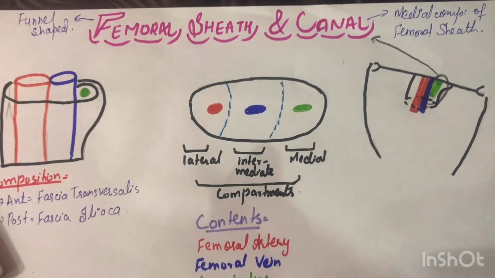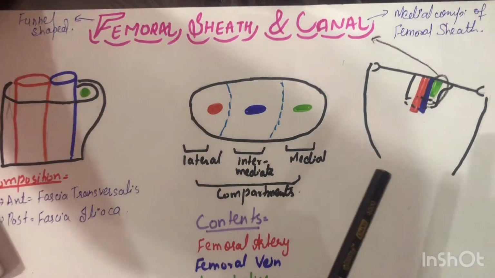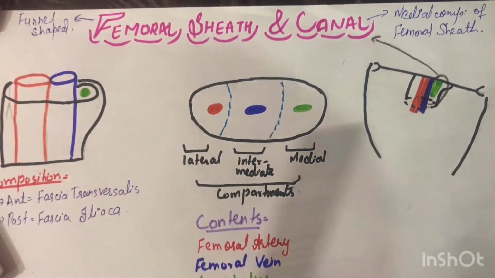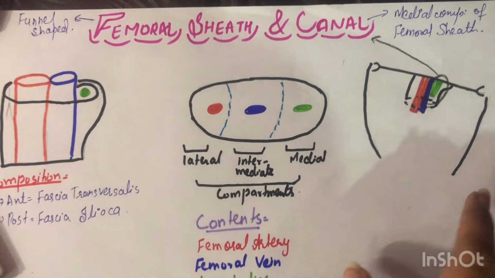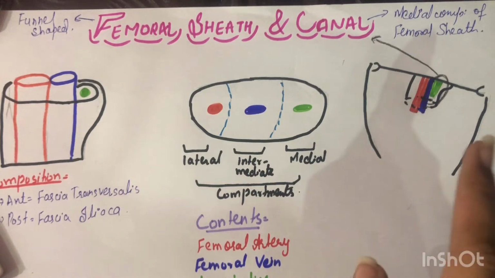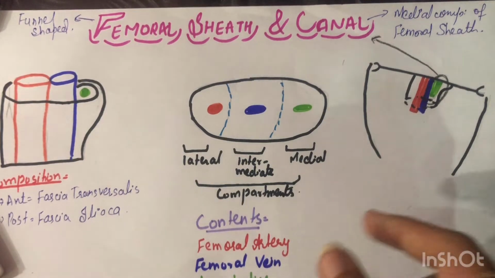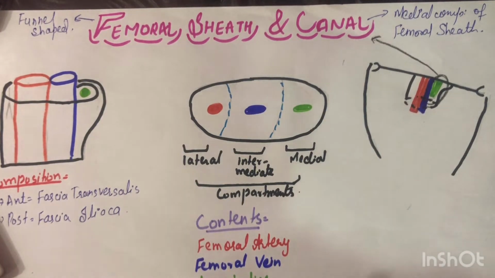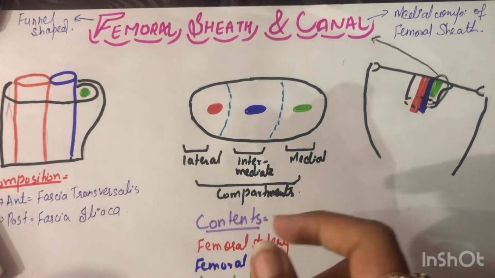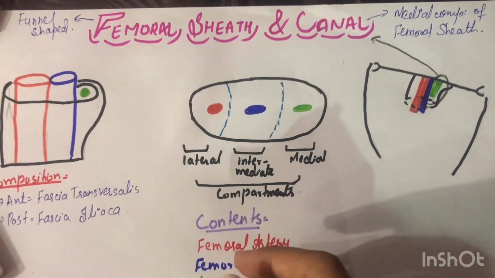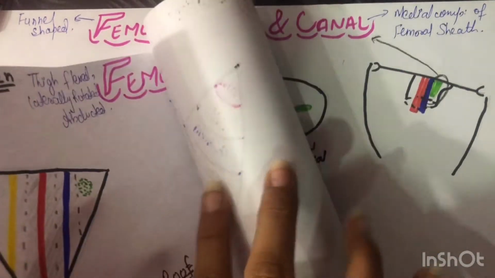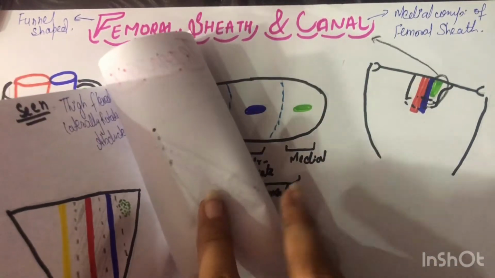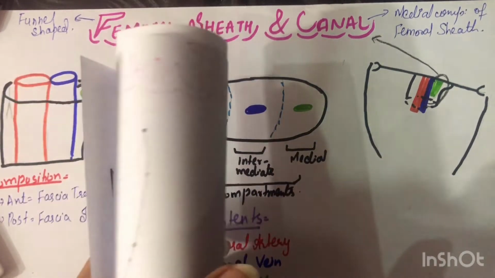So the femoral canal is the medial compartment of the femoral sheath. One more thing about the femoral canal is that the upper opening of the femoral canal is called the femoral ring. Now let's see this. For example, this is our canal. A canal is something like this.